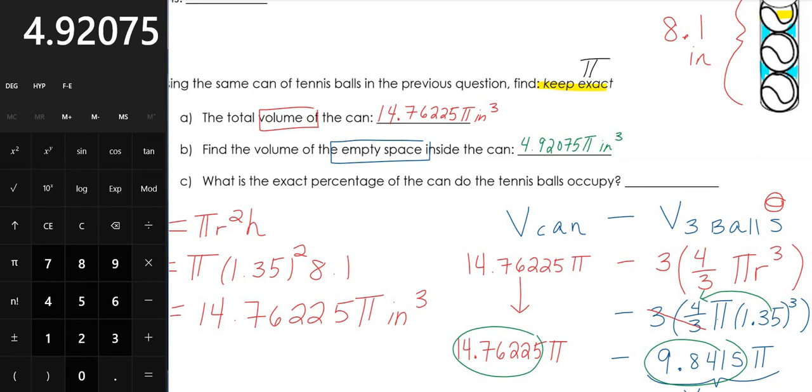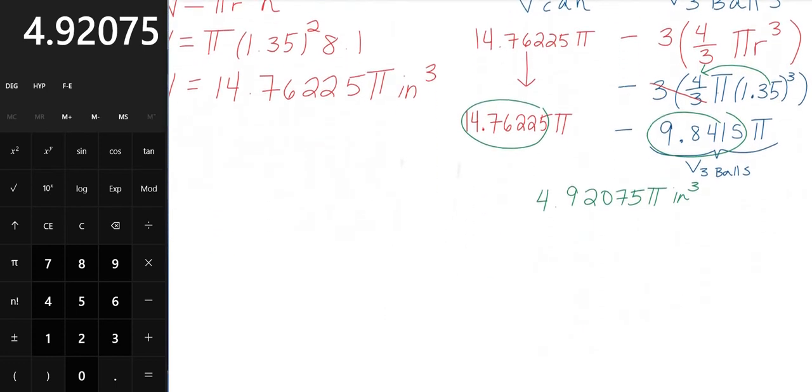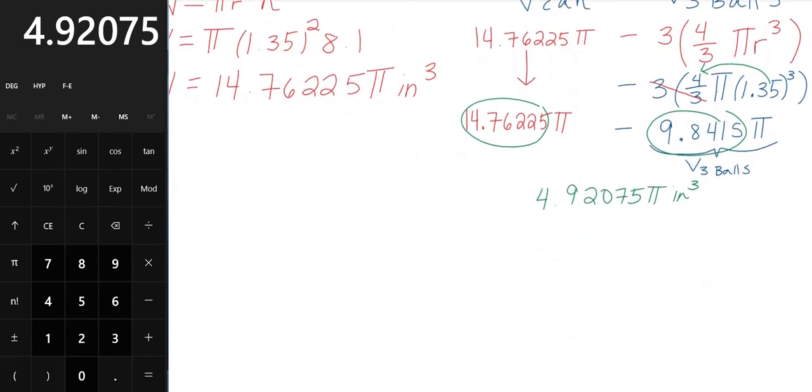All right, exact percentage. Now let's talk about how do you find percents. I'm going to give myself a little bit of room to write. Okay, so to find a percent, what you're going to do is you're going to do the part that they're asking about over the whole.